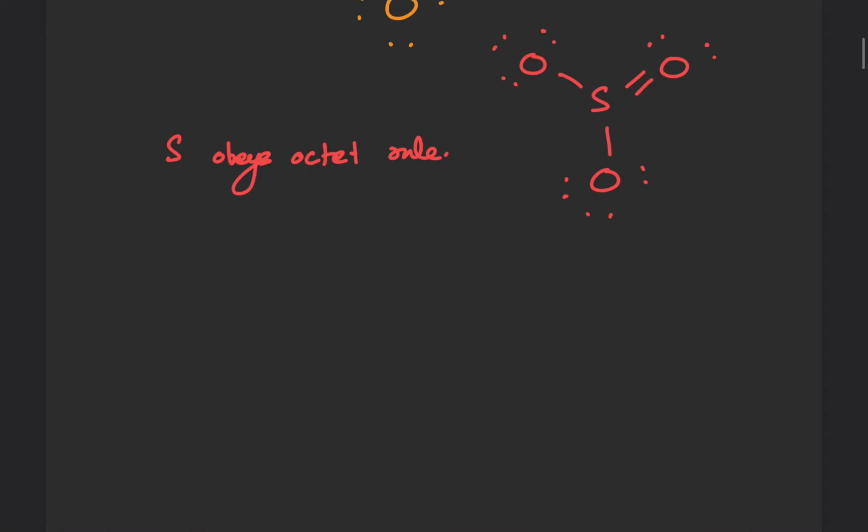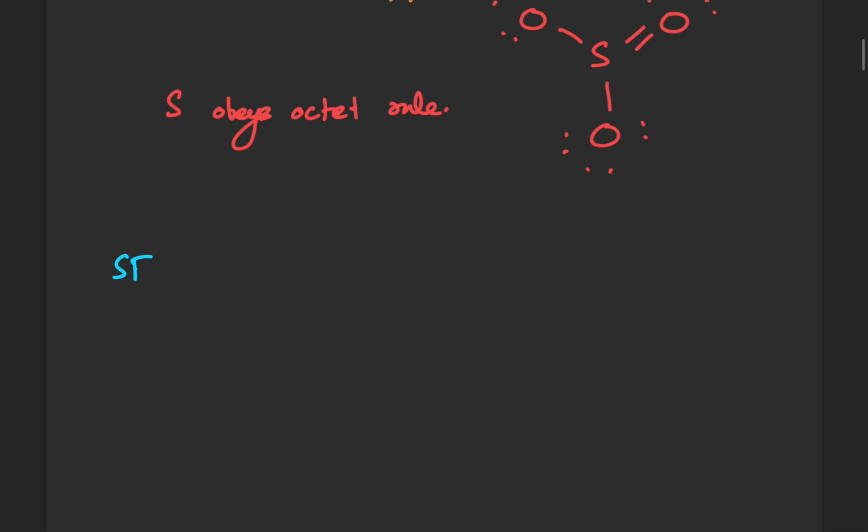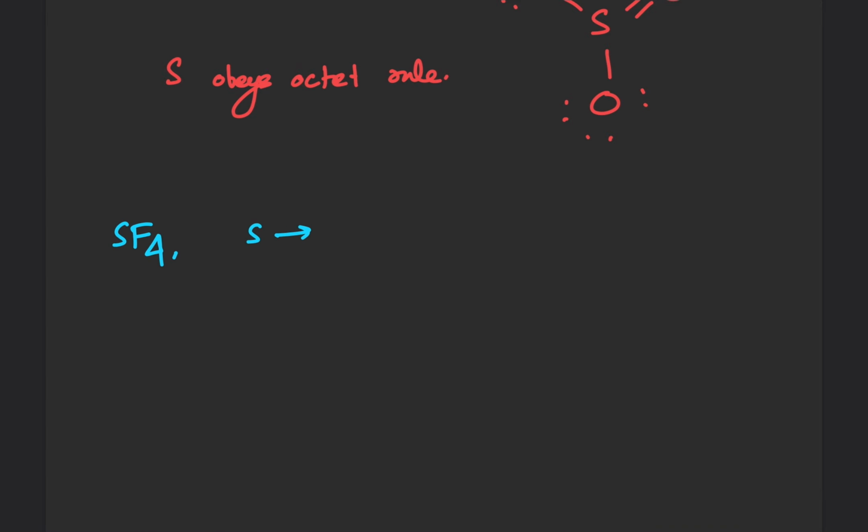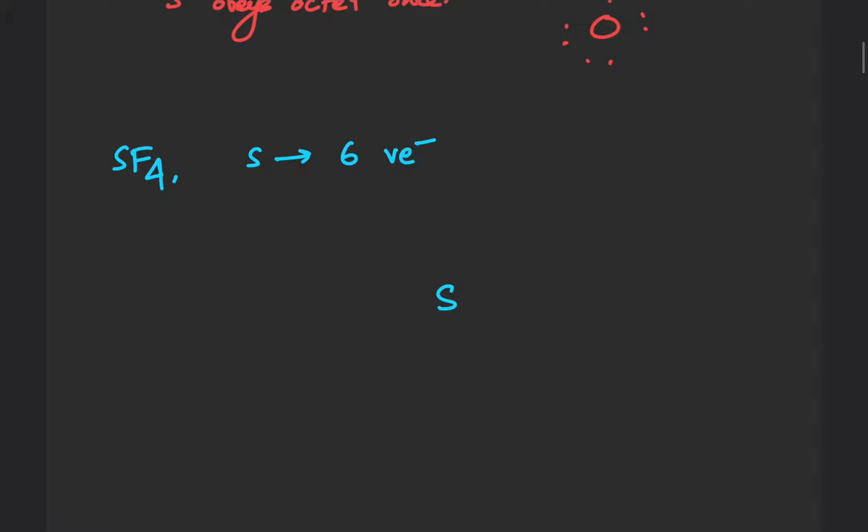Cool. Next we have to talk about SF4. So we know that S has 6 valence electrons. So I will write S, 1, 2, 3, 4, 5, 6. And it shares 1 electron with each fluorine atom because fluorine can maximum form a single bond.